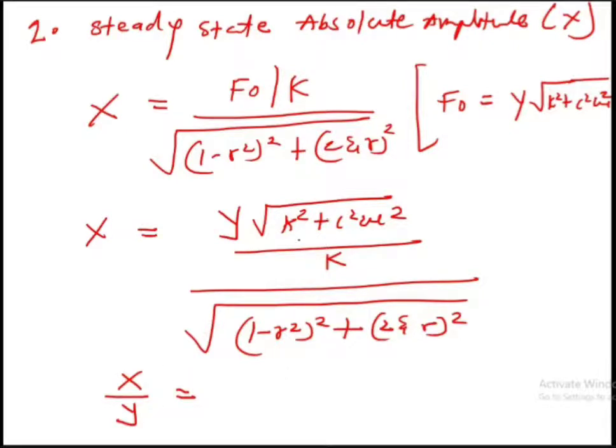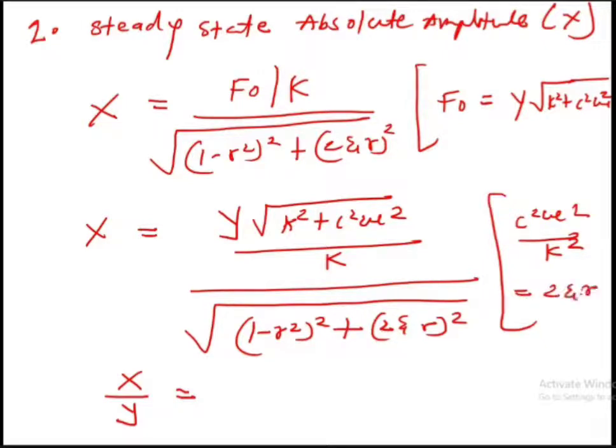Now if you take this k inside the square root, this k will become k square. You know that k square upon k square is nothing but 1. And again you know that c square omega square upon k square is equal to what? This we have already derived.